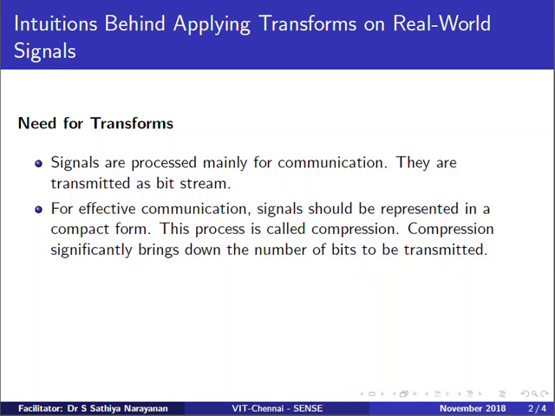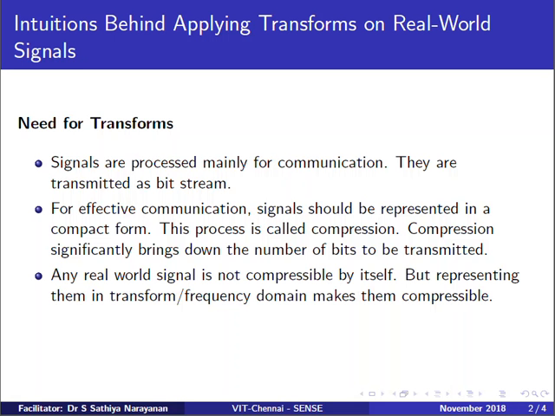So how to represent a signal in a compact form? Any real world signal is not compact or compressible by itself. Therefore, we have to make them compressible. One way is to use transforms.